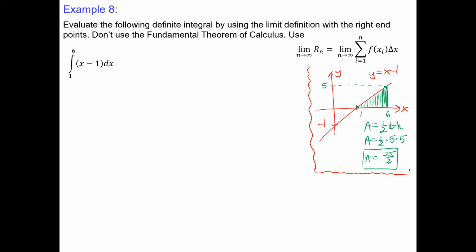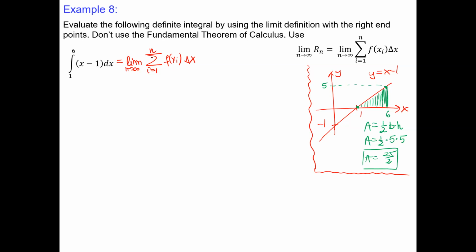Let's see if we can use the limit of the Riemann sum. The definite integral is defined as a limit of the sum of the areas of rectangles, from i equals 1 to n, and n goes to infinity, of f of x sub i times delta x. F of x sub i, the value of the function, is the height, delta x is the base.